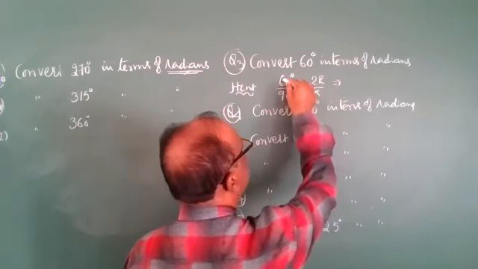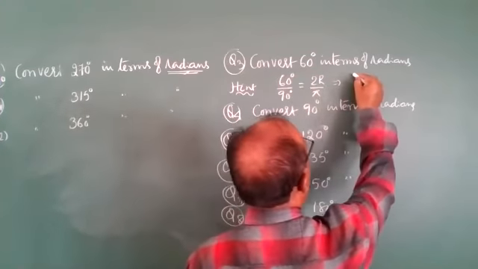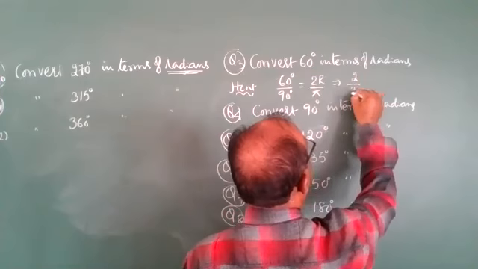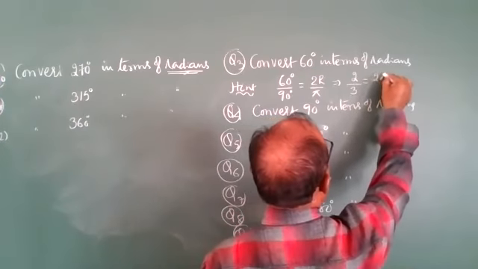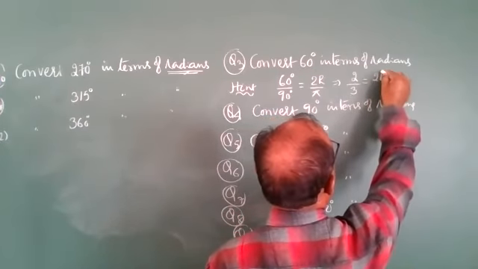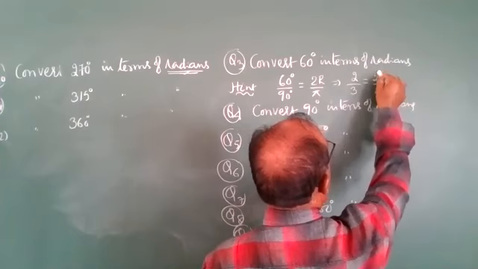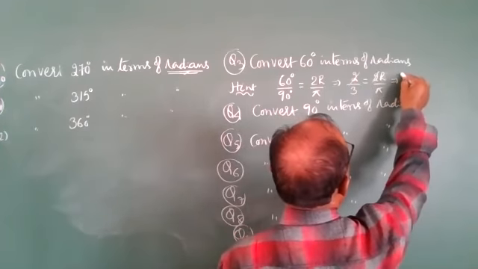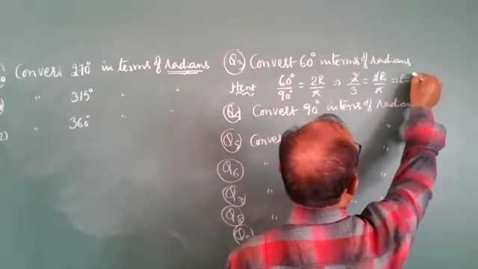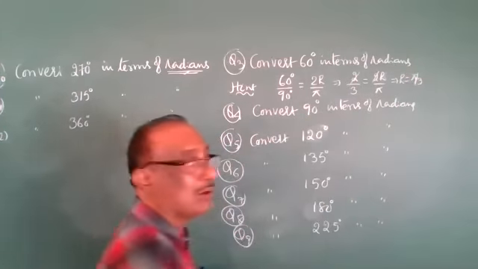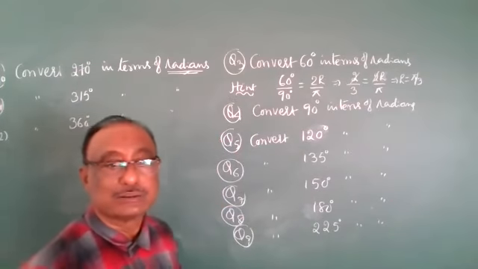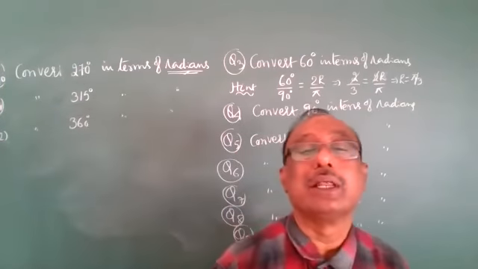Cancel the zeros: 2 by 3 is equal to 2r by pi. The 2s cancel. R is equal to pi by 3. 60 degrees is equal to pi by 3 radians.